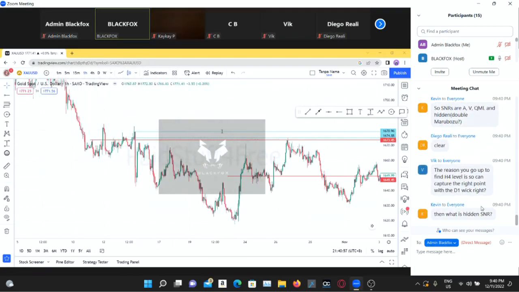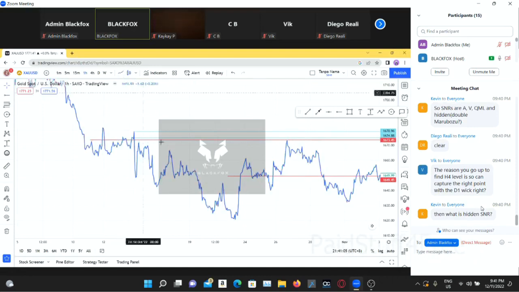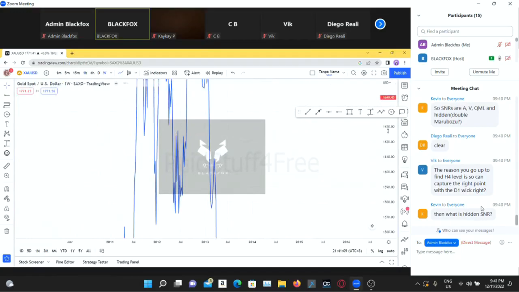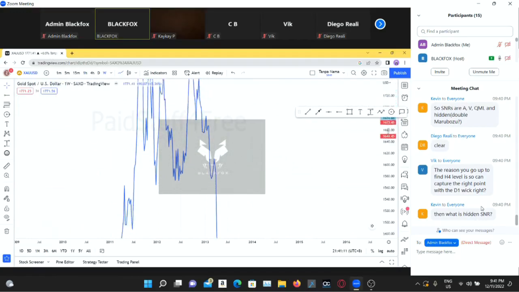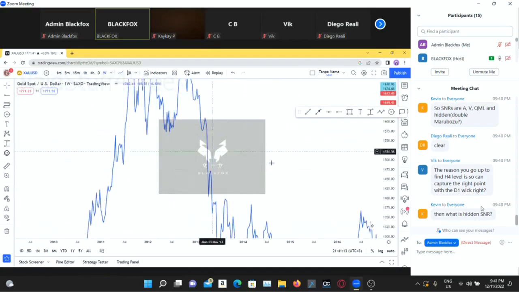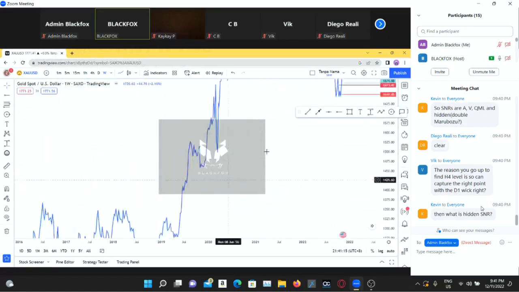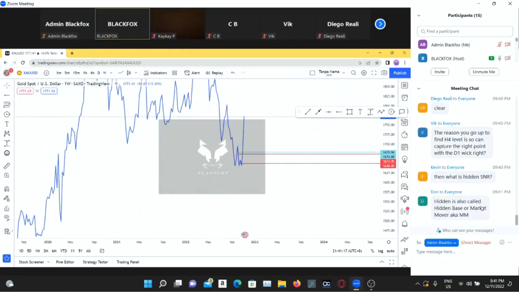Then what is hidden SNR? Hidden SNR. Okay, for hidden base, there is a candle in the hidden. For example, if hidden SNR, there is SNR inside. Okay, for example, like this.